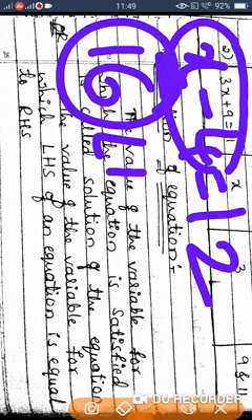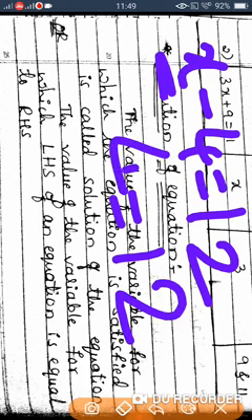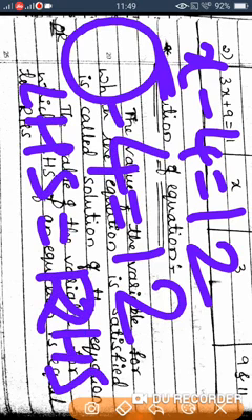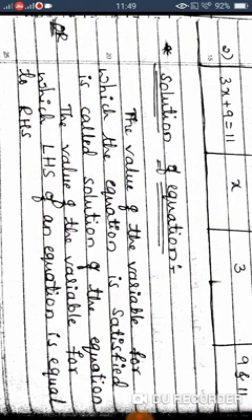That means we must get 12 in the answer. By which number, by satisfaction, must you get 12? Our LHS should be equal to RHS as 12 only. Which number? It is 16. So that satisfaction is necessary. That's why it is called a solution of the equation.